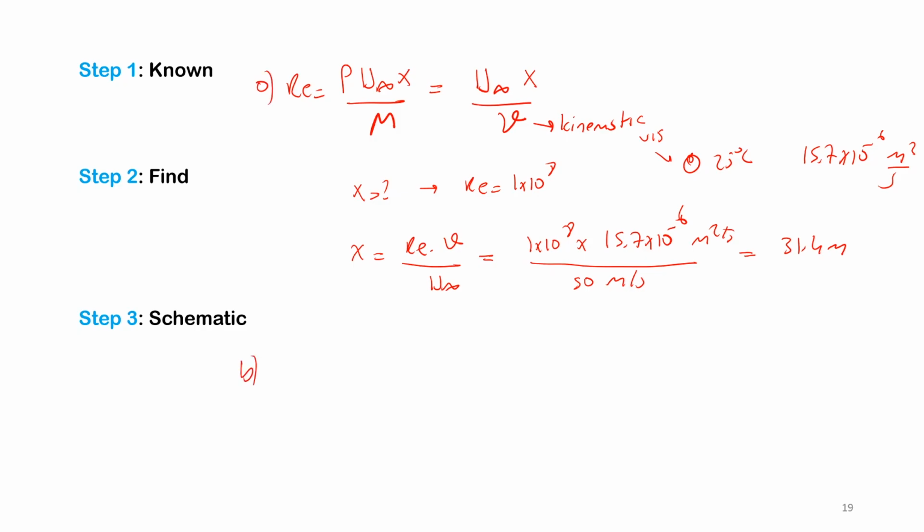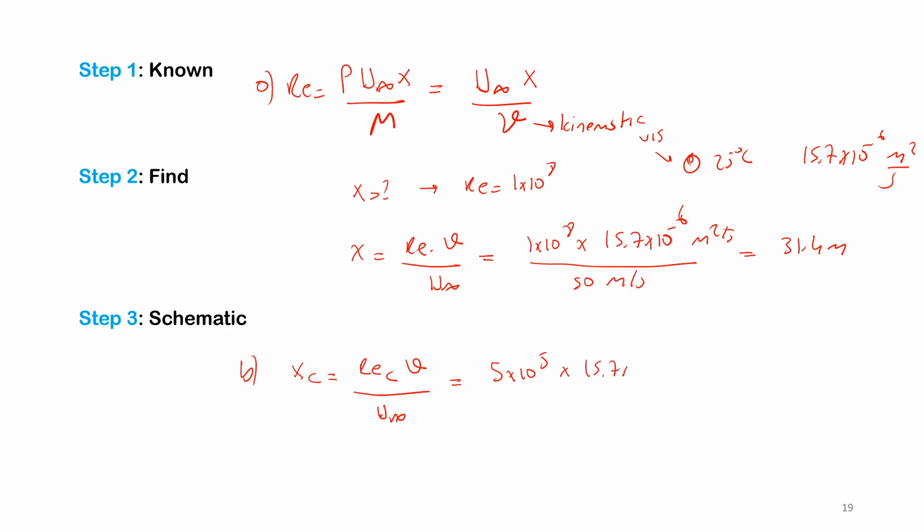And part B is, at what position the transition happens. So the same story, in this case we'll be calculating x critical. That means we need to use Reynolds number critical to find x critical. Reynolds number critical is 5 times 10 to the 5.